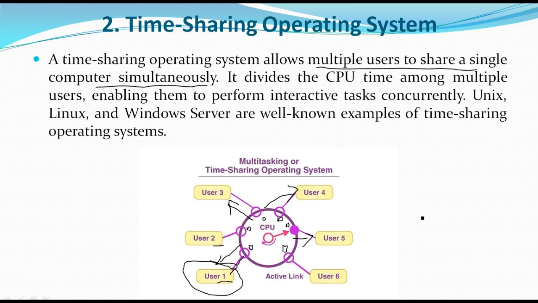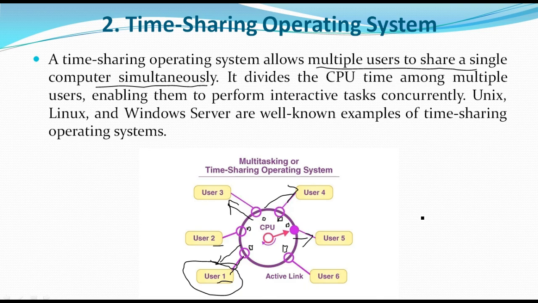They think the entire system is allocated to them, but the actual thing is it provides time quanta in milliseconds, so that it changes very rapidly.